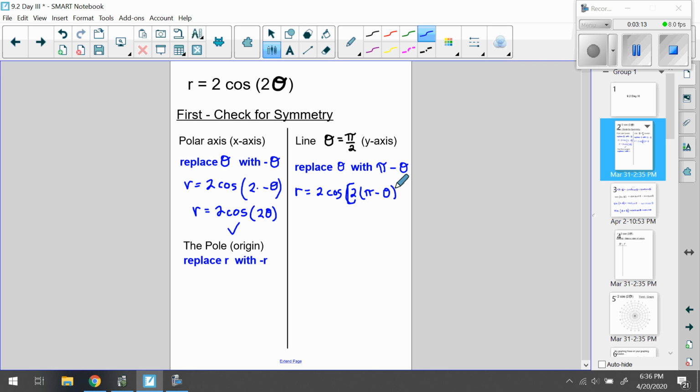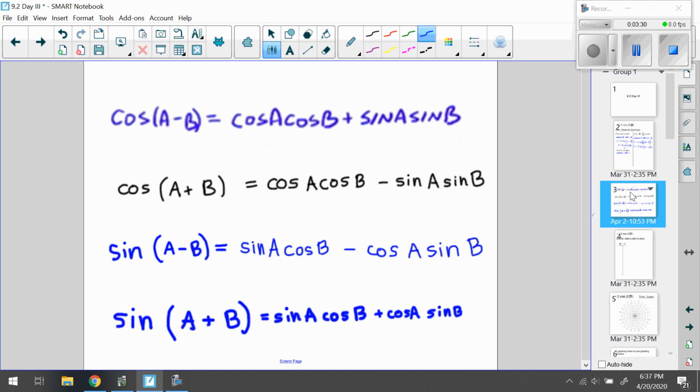And I would recommend going ahead and distributing the 2. And when I say the 2, I'm talking about the 2 on the inside here, not the one on the further outside. So then we have cosine of the difference of two angles. If we go back to this list of identities that we studied in chapter 7, one of these four should be able to help us out.